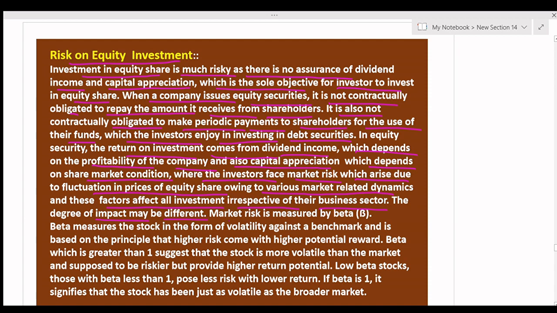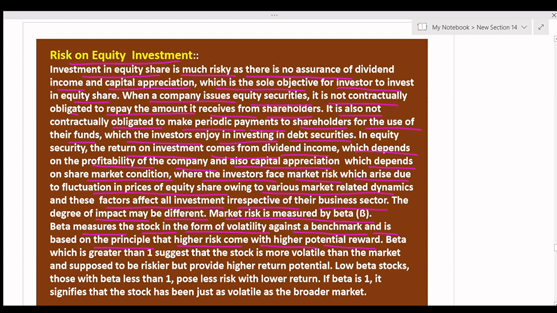Market risk is measured by beta. Beta measures the stock's volatility against a benchmark and is based on the principle that higher risks come with higher potential reward.